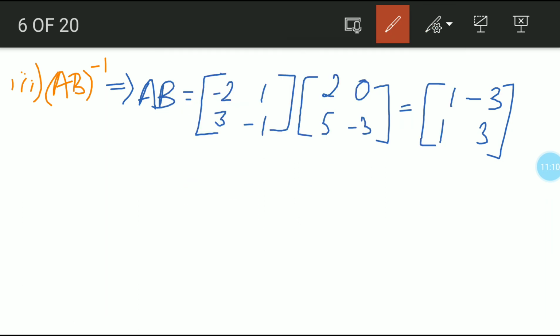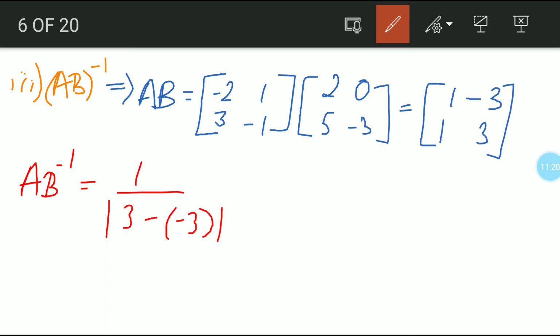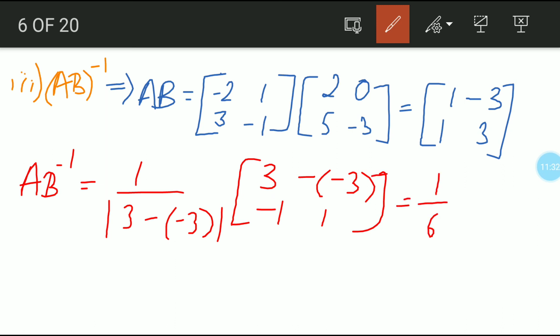So let's solve it. AB inverse is equal to 1 by 3 minus of -3, then it is 3 minus of -3, -1, 1. Then it is 1 by 6 times 3, 3, -1, 1. As I told just now, same as the previous problem, 1 by 6 came.